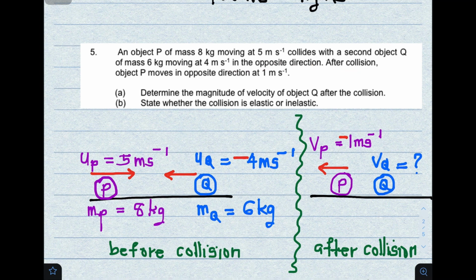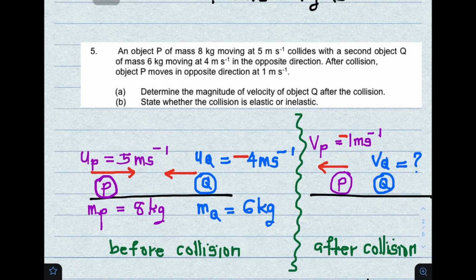After collision, object P moves in the opposite direction at 1 meter per second. Question A. Determine the magnitude of velocity of object Q after the collision. And B. State whether the collision is elastic or inelastic.